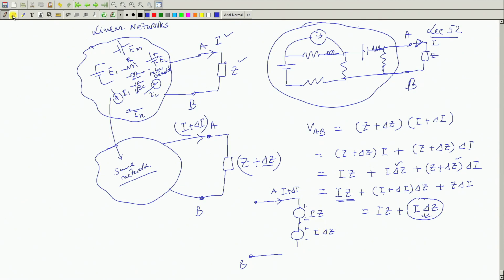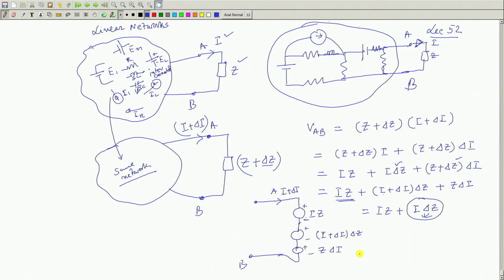Okay, first I will do it like this. There is a voltage drop, I will write it as I plus delta I into delta Z and plus another voltage source I will write Z into delta I. This way I can write it with the help of substitution theorem.